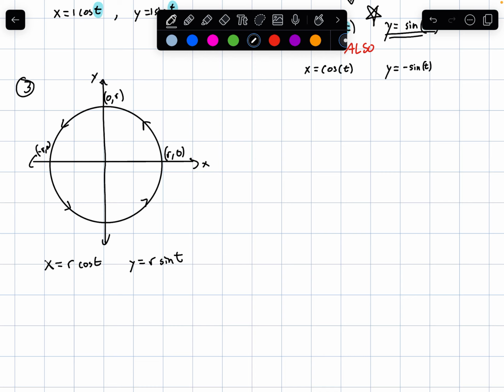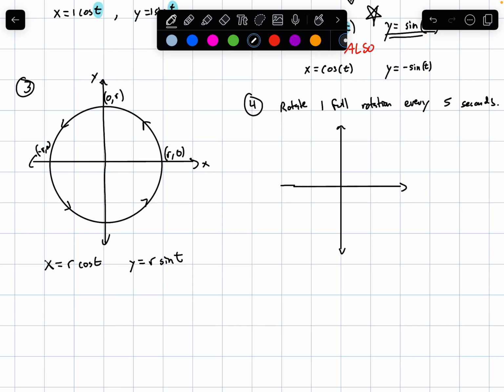Okay. What if I want to model one full rotation every 5 seconds? So let's draw a circle that we want to rotate around, but now we're using our parameter a little bit more.